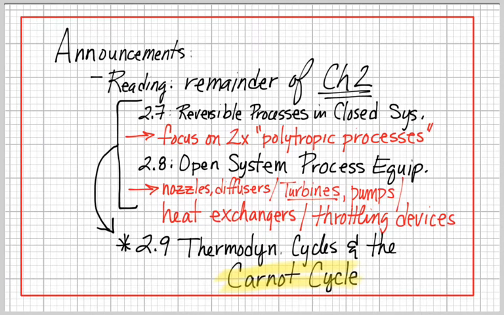The last section is exploring the thermodynamic cycles. This is where we combine multiple processes together to make a cycle, and the one that we're studying is the Carnot cycle. This is a fundamental cycle in thermodynamics.